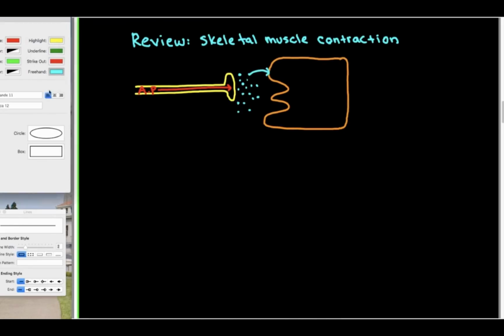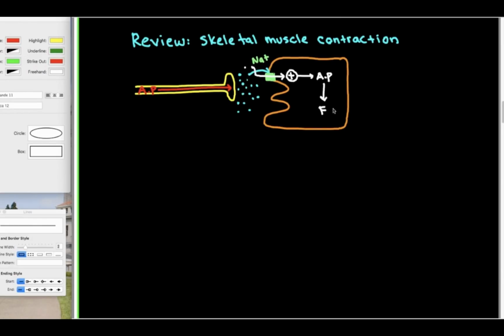That acetylcholine, we said, binds to acetylcholine receptors or nicotinic receptors. As a result of that, sodium goes through those acetylcholine receptors, making the muscle fiber more positive and triggering, ultimately, an action potential. So again, just review.